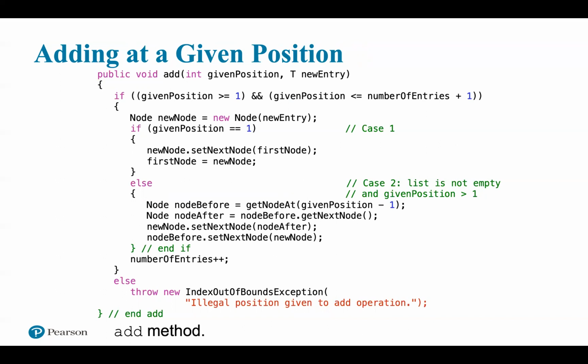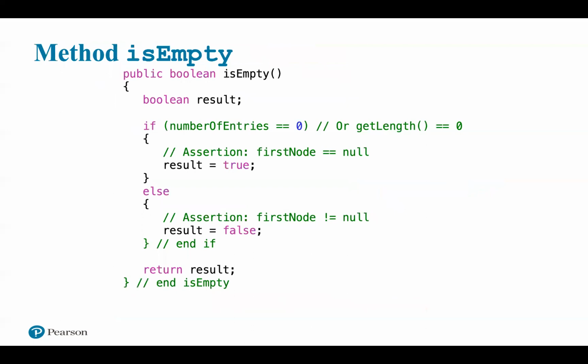Segment 12.2 gives statements for adding to the beginning of the chain, and recall that these statements apply whether the chain is empty or not. Additions anywhere within are performed by the statements shown in Segment 12.3, and so you can review those in the text if you'd like.